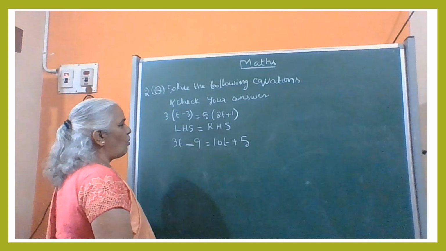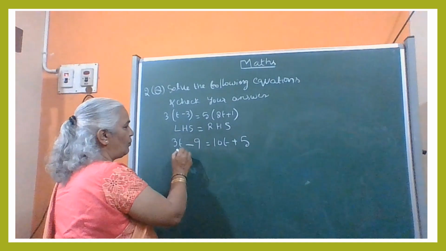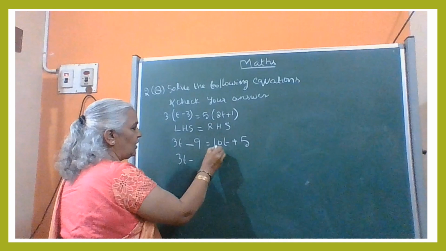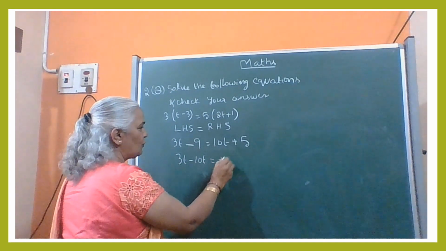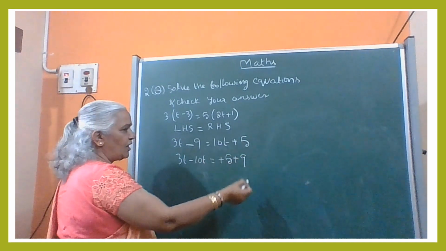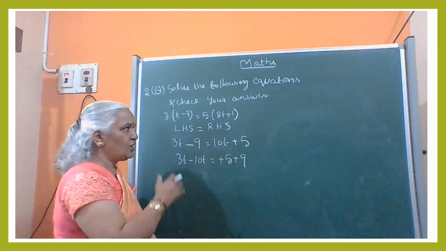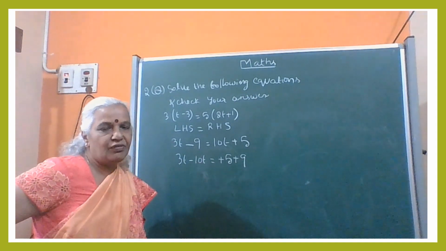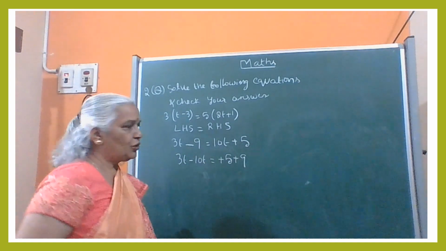And then bring all the variables to one side and numbers to the other side. I will bring this variable to the left hand side. That is 3t minus 10t, and here plus 5 was there already. And then this has gone to the right hand side, and you have to change the sign. While transposing a term from one side of the equation to the other side, the sign of the variable or constant is going to change.